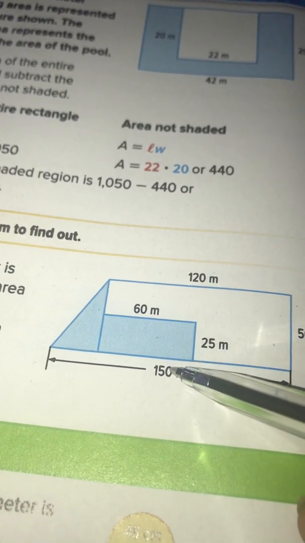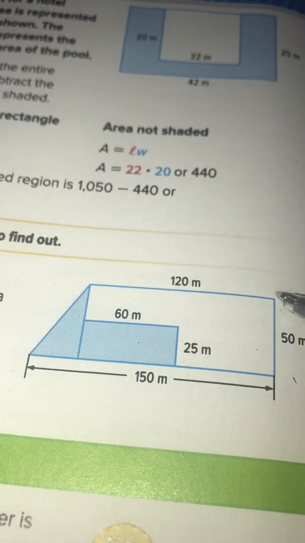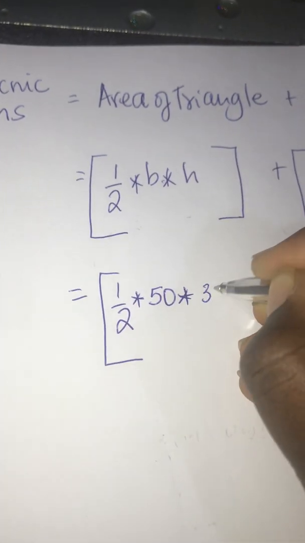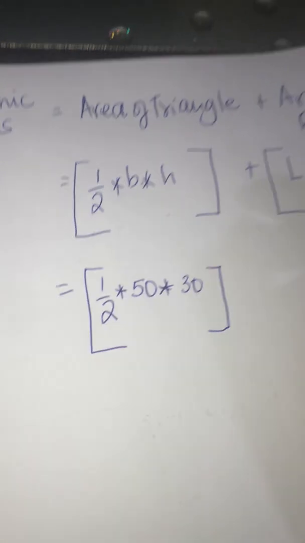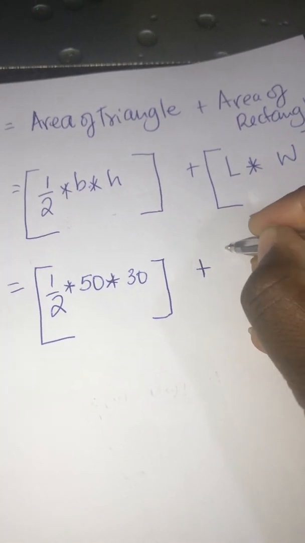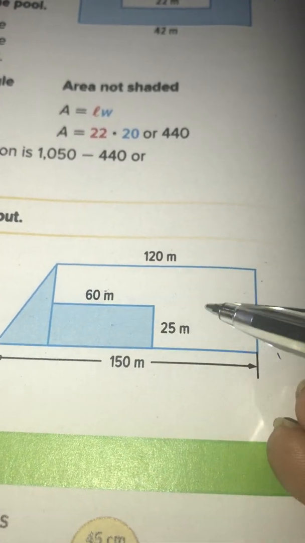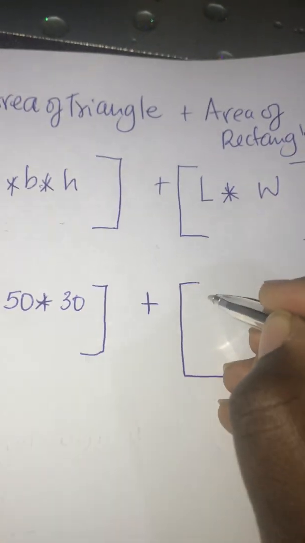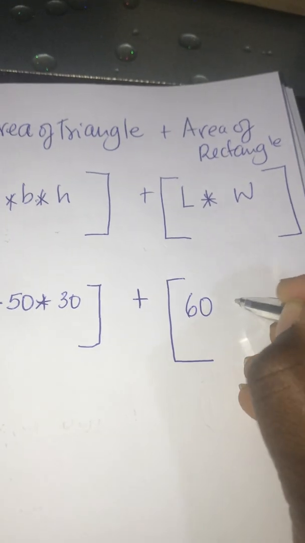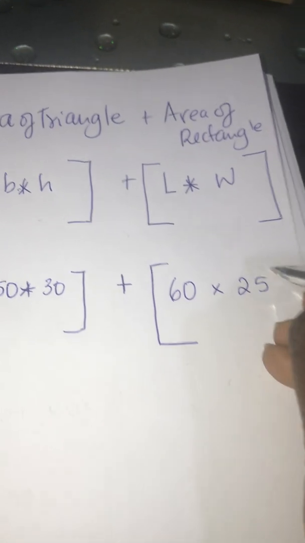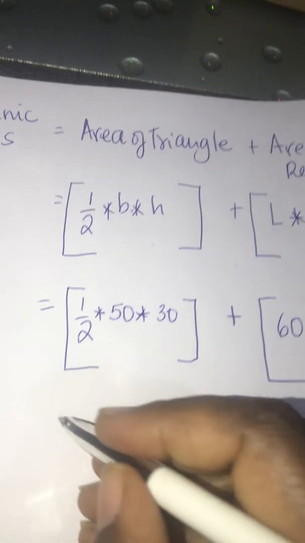So if the whole distance is 150, and from here to here is 120, then this distance from here to here is 30. So I'm going to multiply that by 30. Plus, now I need to find the length. They gave us the length is 60 and the width is 25. So 60 times 25.